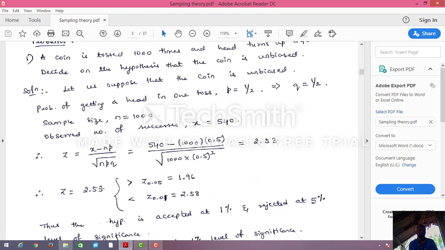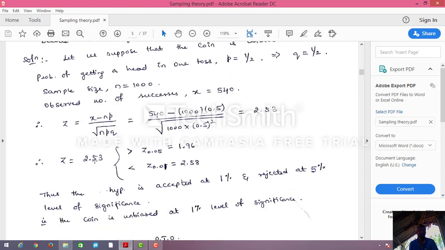Already I told the significance levels. At 5% level, the significance value is 1.96. At 1% level, the significance value is 2.58. Now, this 2.53 is less than 2.58 and greater than 1.96.